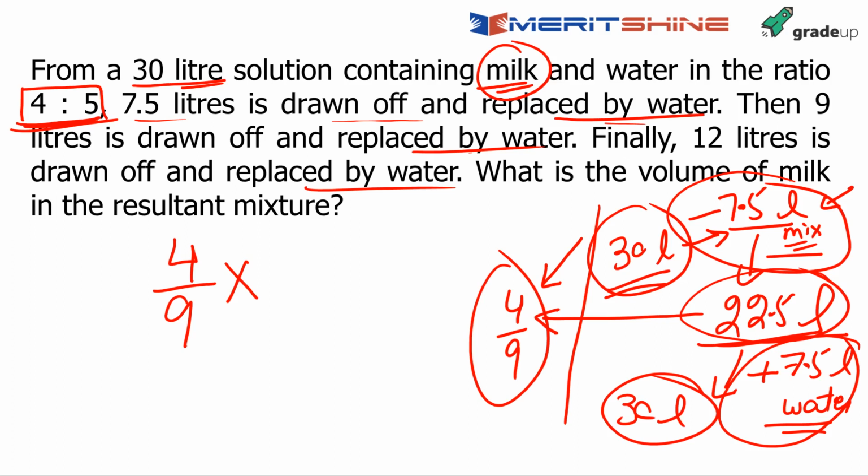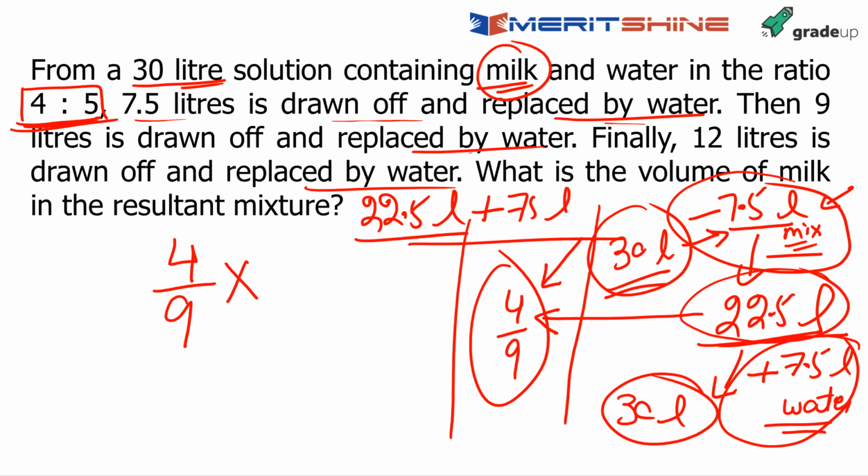अब ये इंपॉर्टेंट स्टेप है यहाँ पर. 7.5 liters of water से क्या हुआ? Look at it like this. 22.5 था मेरे पास, मिक्सचर था. I add 7.5 liters of water. If I add 7.5 liters of water, in what proportion would it increase?